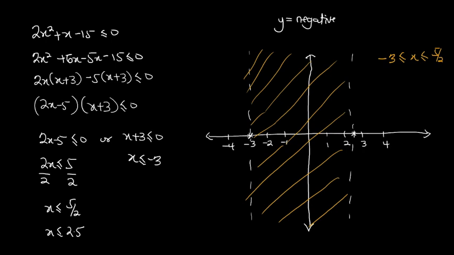Now we have to consider the inequality. If the expression is greater than 0, it means y is positive, so we shade the outside of the graph, outside the two values that you get. But if it is less than 0, something that is less than 0 is negative, so you shade in between the two points that you've marked, and then you write the solution set appropriately as required of you.